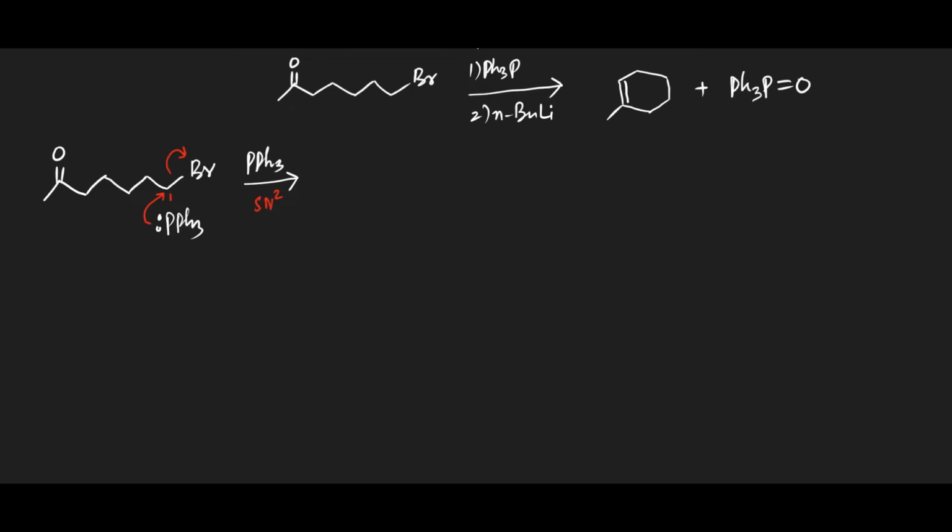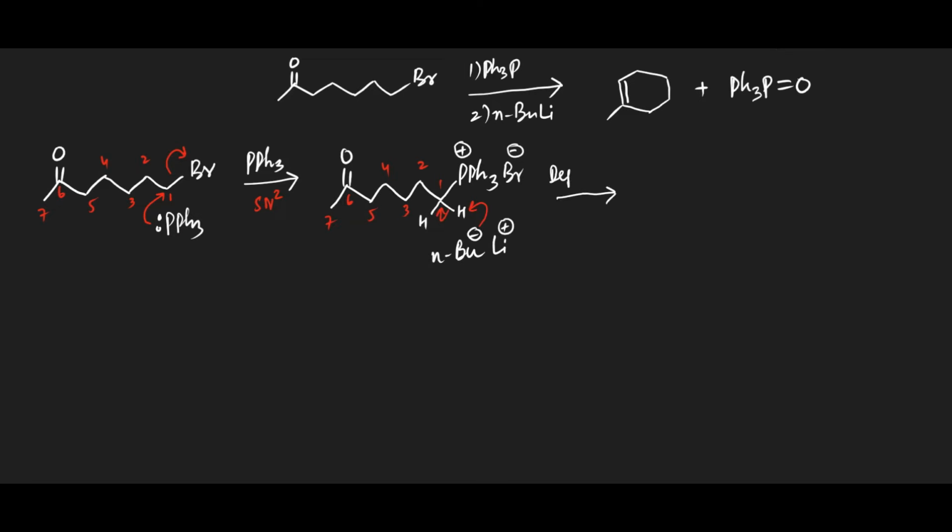To keep track of bonds broken and formed, always assign numbers to the carbons. This will form the triphenylphosphonium bromide derivative. This, upon treatment with n-butyllithium base, deprotonates carbon 1 to form an ylide.